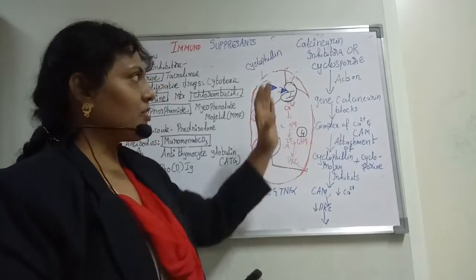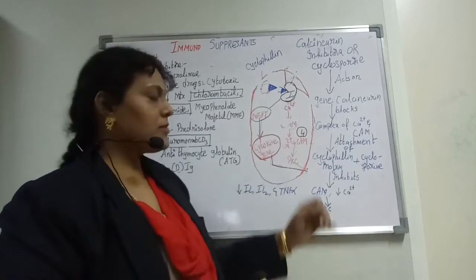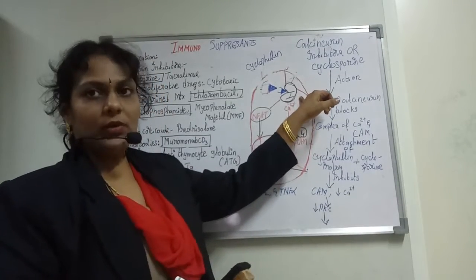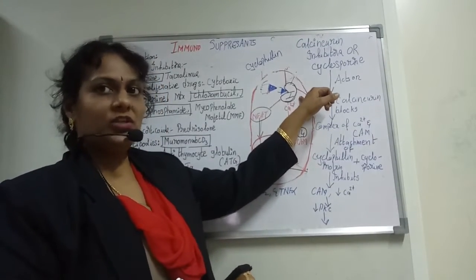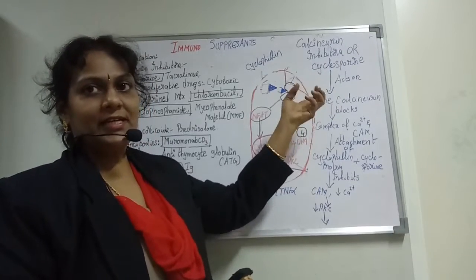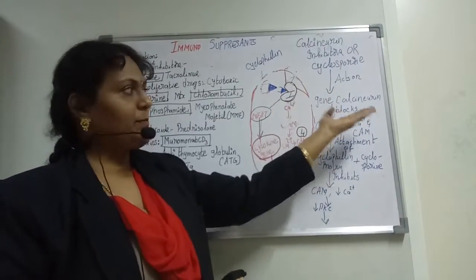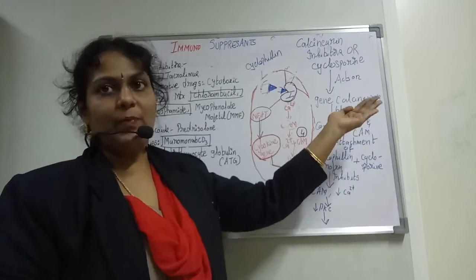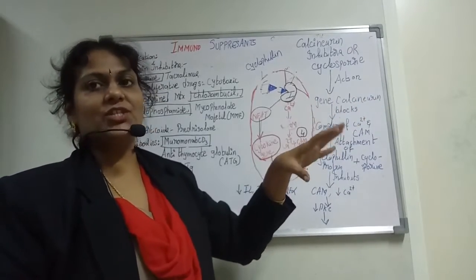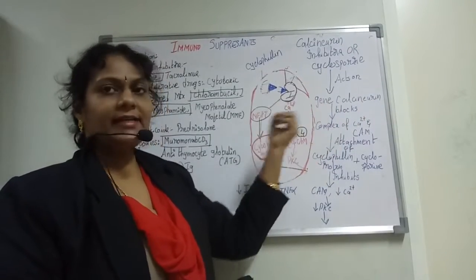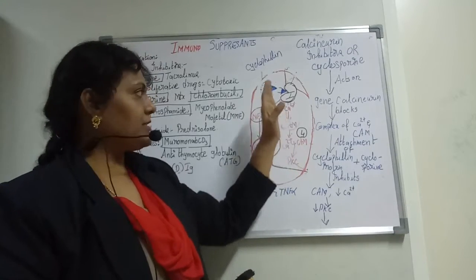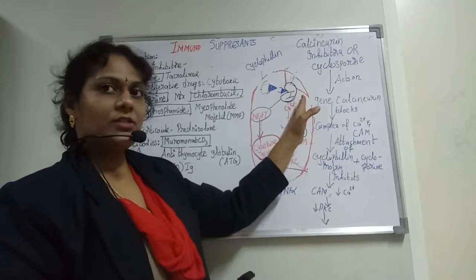So once again I want to repeat so you can understand what it is. Here the calcineurin is one of the protein gene particles which is collected by the antigen presenting cell, that means the cell which has antigen inside the body. It has been collected inside the T cell and it stimulates your calcineurin.